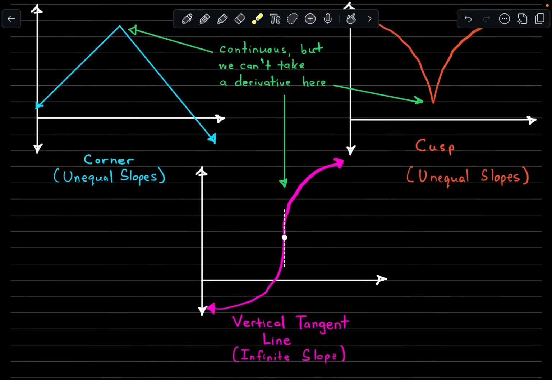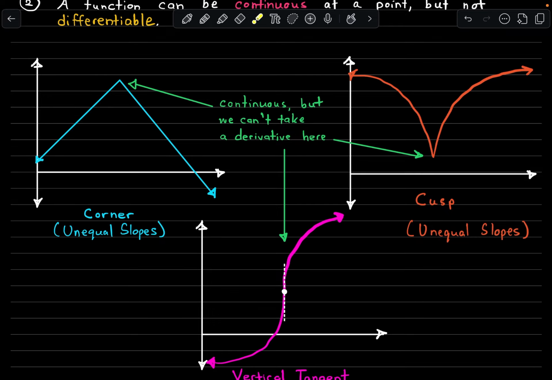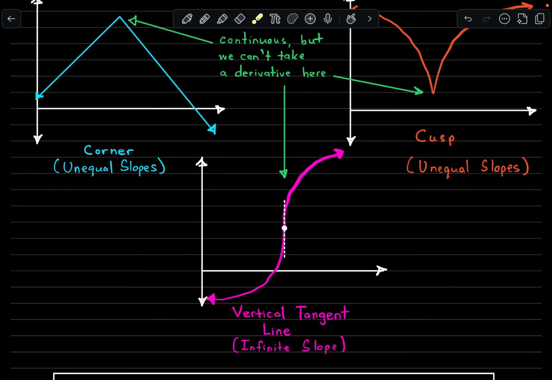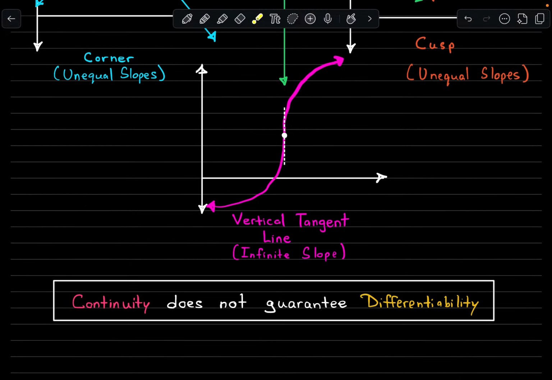And obviously a vertical tangent line has an infinite slope or an undefined slope. So any function like this, we again cannot take the derivative. So although continuity is a prerequisite for differentiability, it does not guarantee that your function is going to be differentiable. We can have continuous functions, but that alone is not enough to guarantee differentiability.